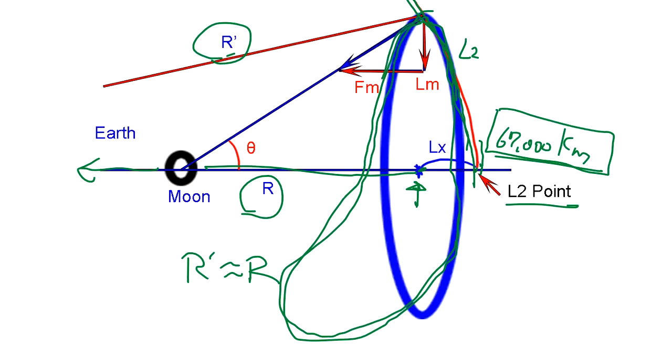But in the simple case, assuming this is a circle and the gravity point, you can calculate and see what kind of orbit will be possible, stable in this.